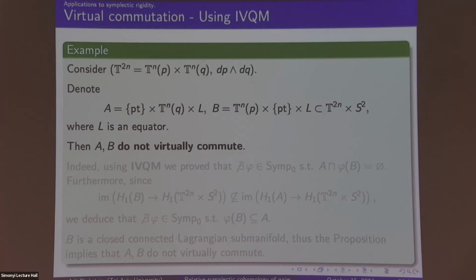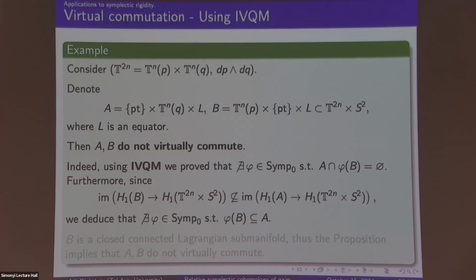Then I said that A and B do not commute, and I actually use the same argument, but now in order to prove that we can displace the one from the other, we have to use ABQMs. So we used our previous result and show that we can displace the one from the other by Ham.